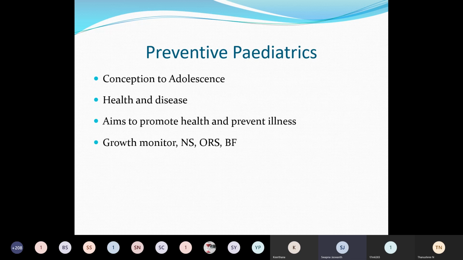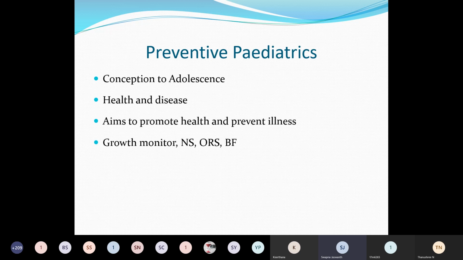Now, preventive pediatrics. So, in preventive pediatrics the main components are prevention and social medicine. So, it is a comprehensive care of children, which includes various things, as I told you, that is the social factors and the things which can be prevented.